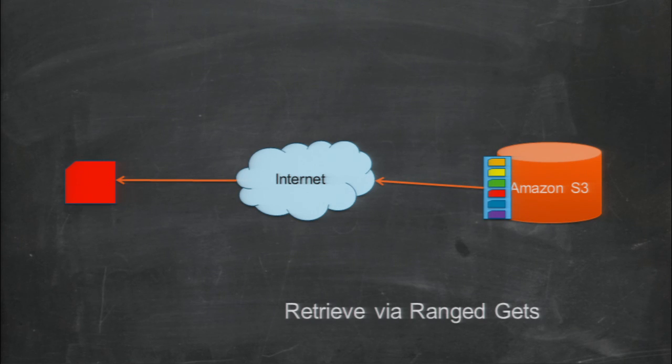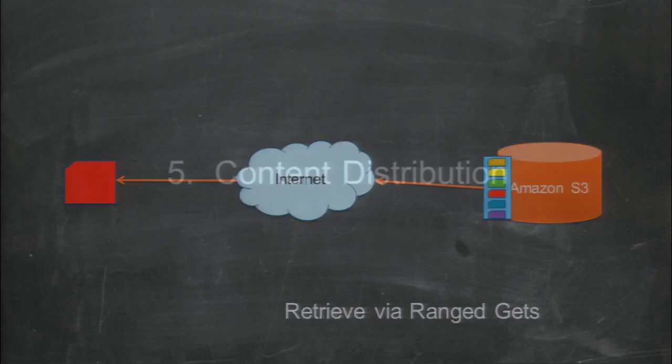But you can pull an object out of the middle of that aggregated object using range get. So now you've only paid for the put request for a single object, but you still have your millions of objects accessible as individual objects. You just need to use range gets to get them. So again, a very special use case, but really awesome if you can take advantage of it.